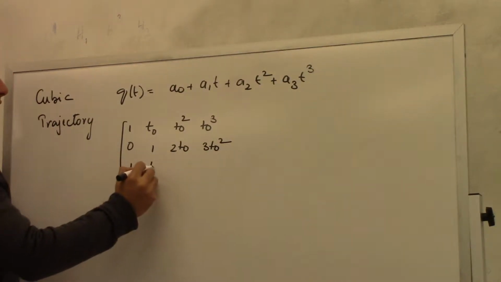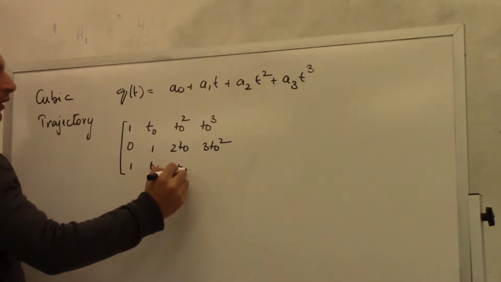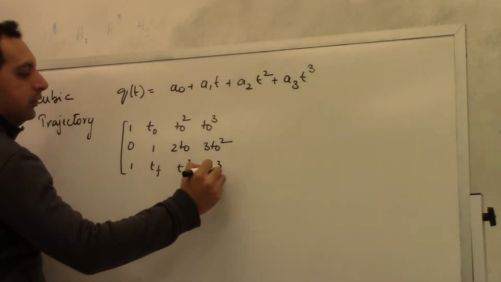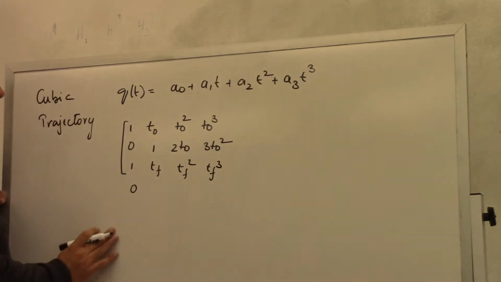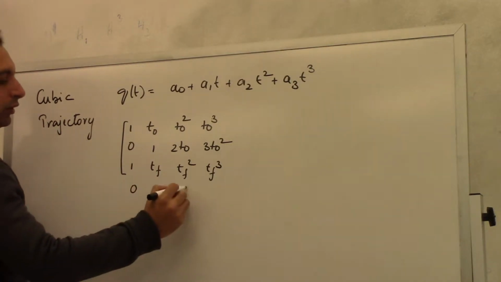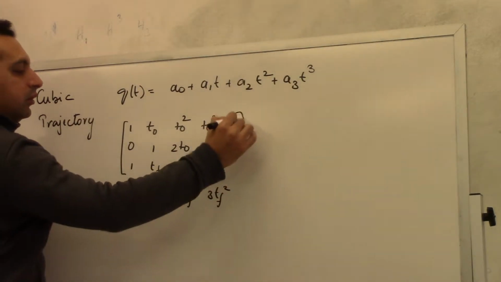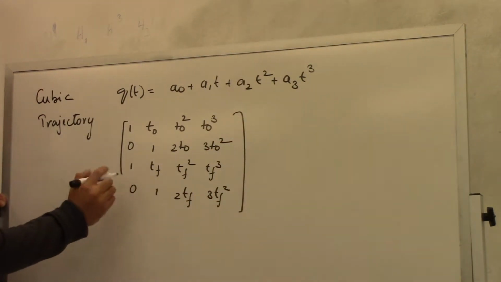Then we have 1, tf, tf squared, tf cubed. You have 0, 1, 2 tf, and 3 tf squared. This is your coefficient matrix.